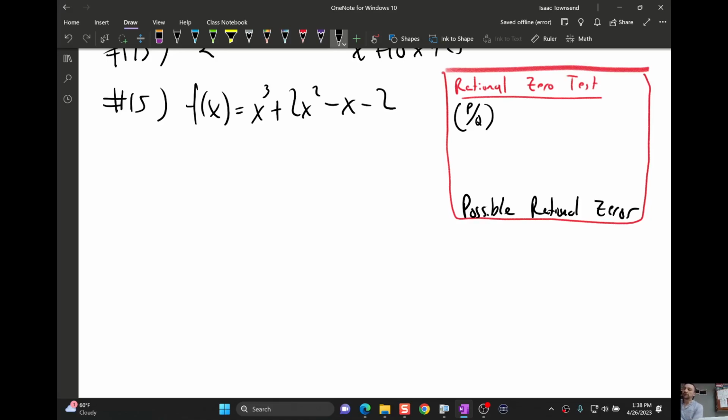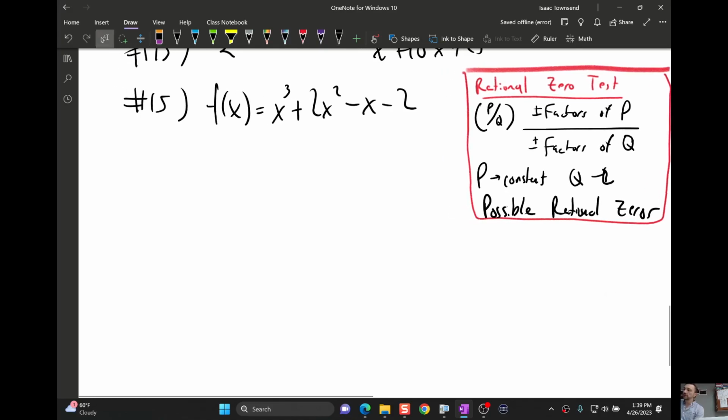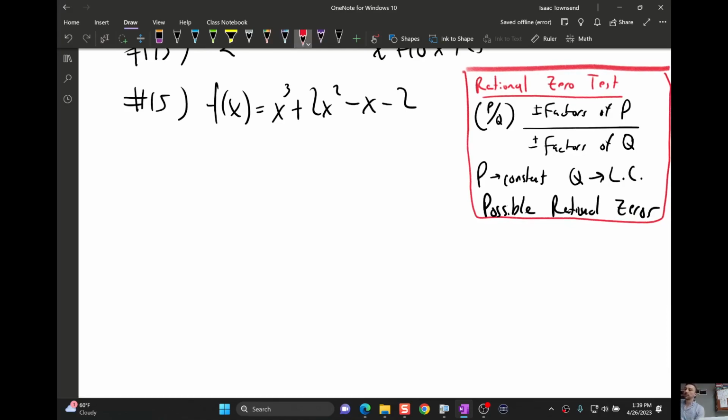And so what the rational zero test says is do plus or minus all the factors of P and divide them by plus or minus all the factors of Q, where P is the constant and Q is the leading coefficient. So over here, in this problem, P is -2 and Q is 1.